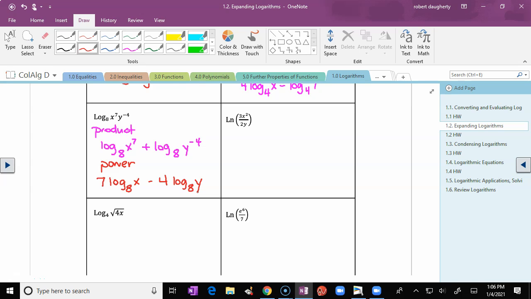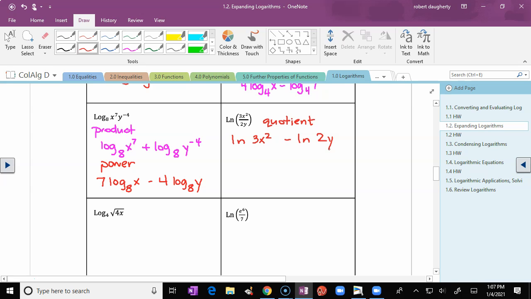The next one is a natural log. So let's use the quotient rule. So I start out with the quotient rule, and that gives me the natural log of 3x squared minus the natural log of 2y.